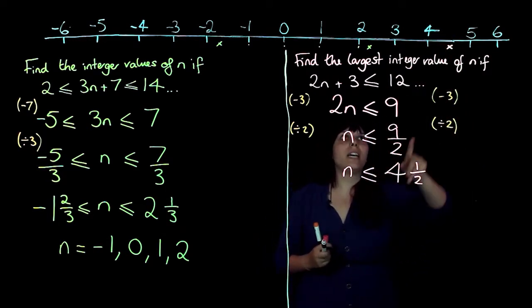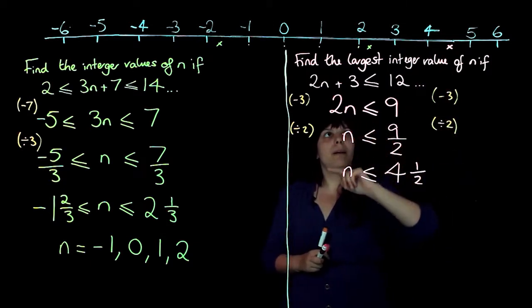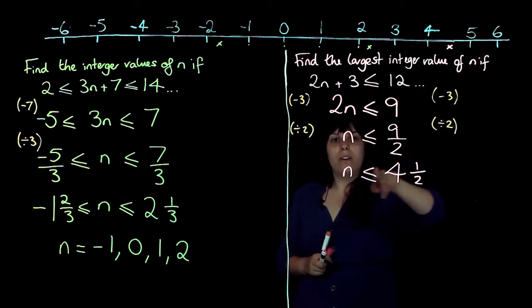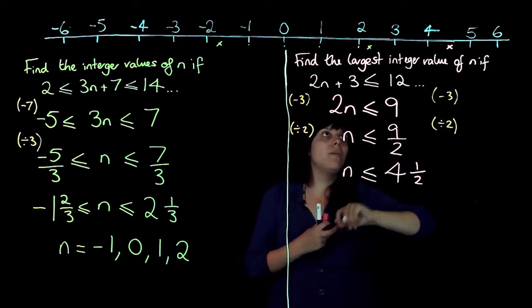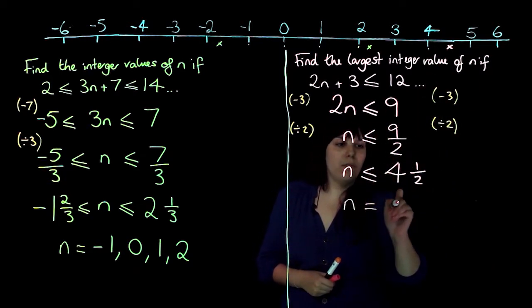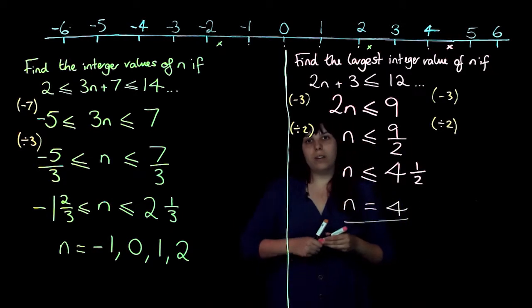And then I need to think what the largest whole number n can be. Now it can't be 5 because that's bigger than 4 1/2, and I know that n needs to be smaller. So it's going to be n equals 4, and that's going to be the answer for that example.